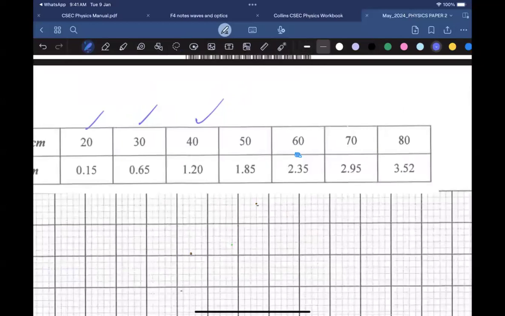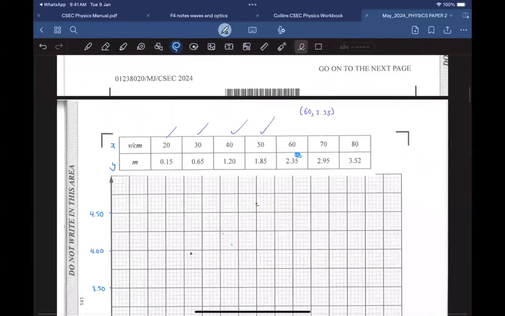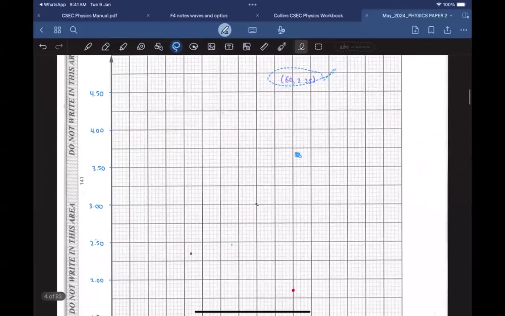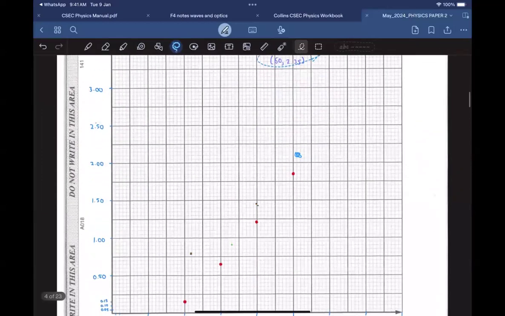What's your next point? 60 and 2.35. You will handle this since you got the last one wrong. 60, comma 2.35.